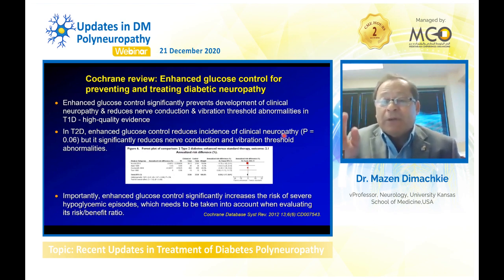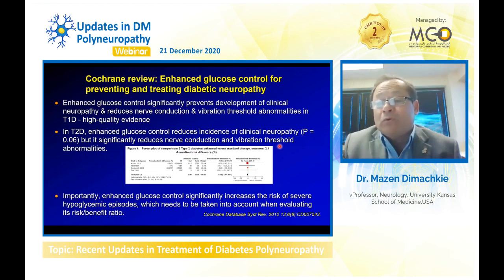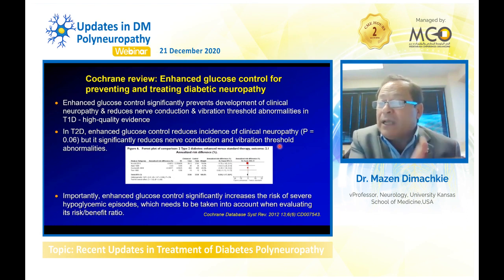It was a trend, but not quite there. However, nerve conduction velocity reduction and vibration abnormality were improved in patients who got tight control for their type 2 diabetes. So it's still a recommendation regardless of type 1 or type 2 for tight glucose control.